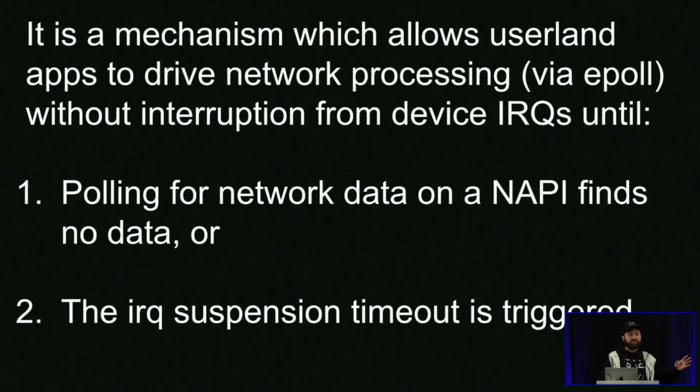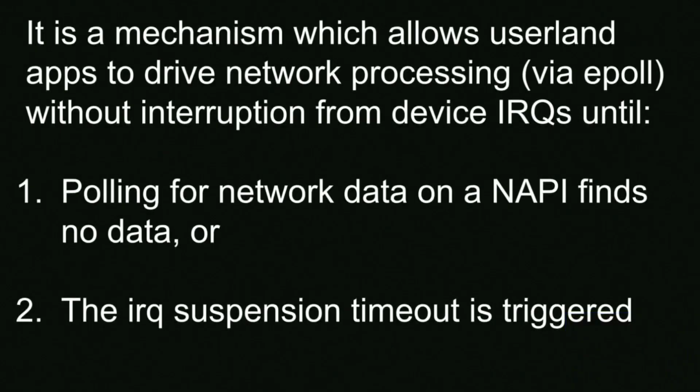The suspension timeout just serves as a backstop so that userland doesn't stall too long, causing you to drop data. And I'm going to talk a little bit more about the suspension timeout in a second. But that's basically how it works. Interrupts are suspended and they will automatically be re-enabled when either there's no data or the timeout is triggered.